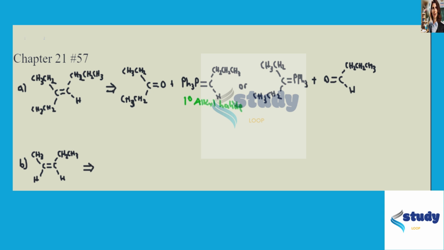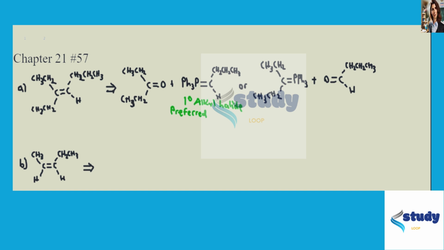So right here, this comes from a primary alkyl halide. And so this way is preferred, the first way. Okay, so we'll do the exact same thing for all of these.